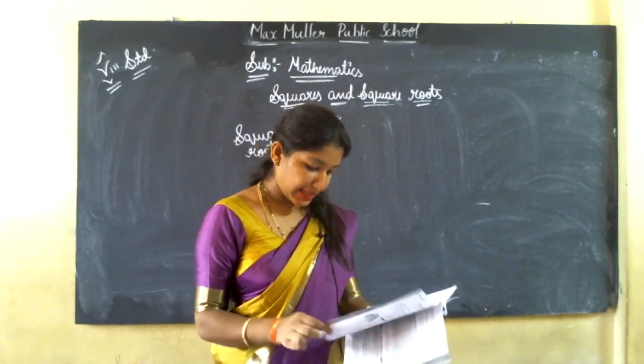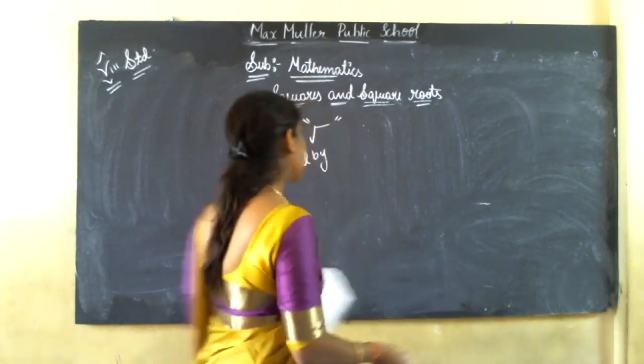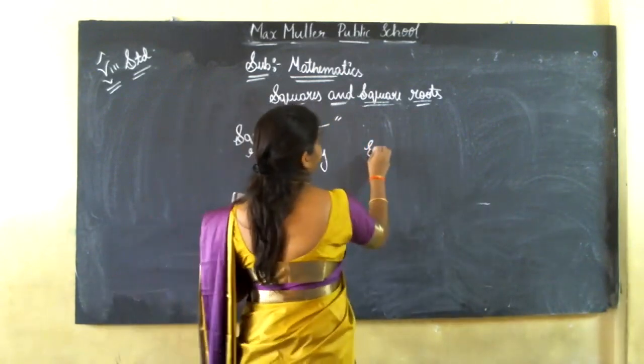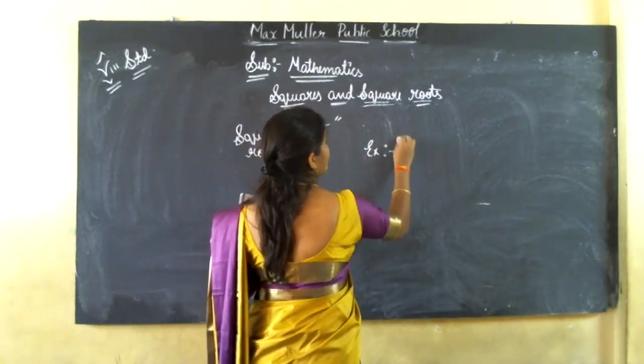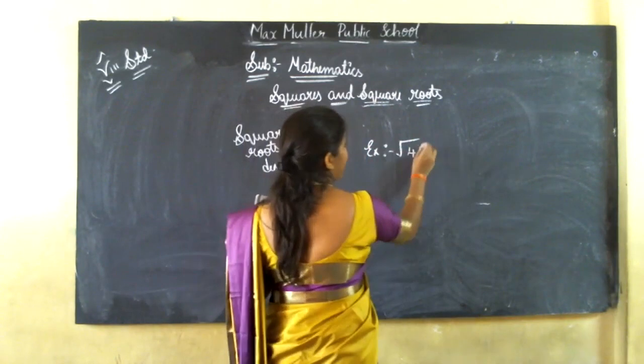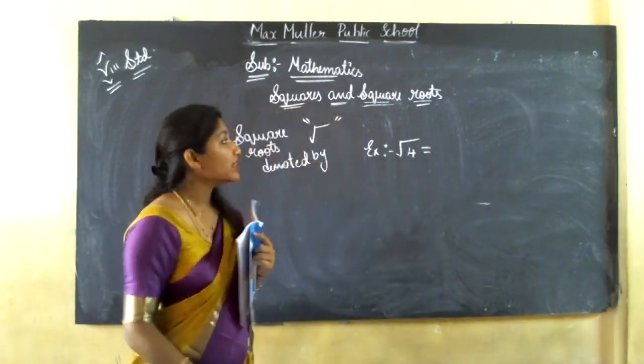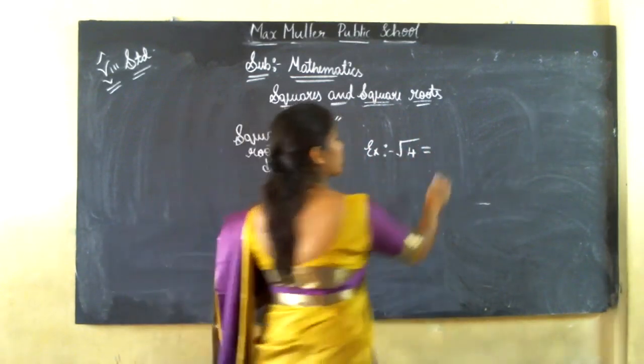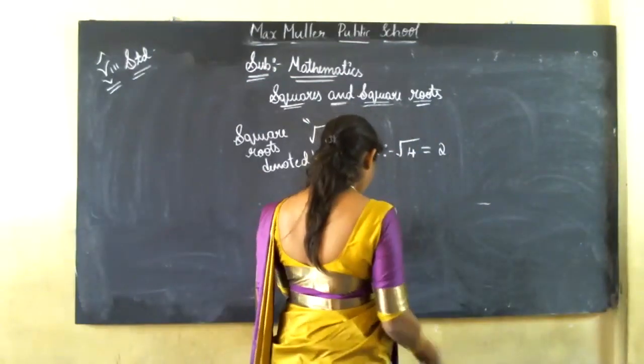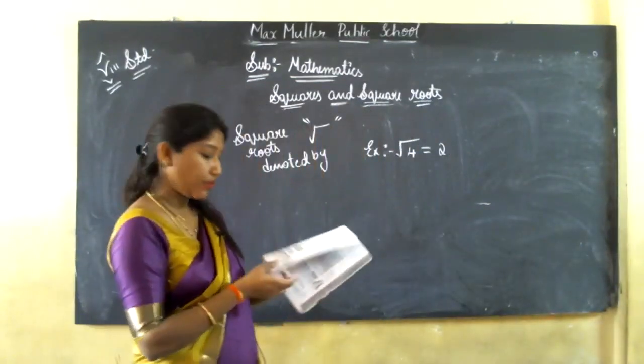And for example, if the problem is like this, square root of 4, okay? Square root of 4 is what? 2, is it not? That is, 2 twos are 4.